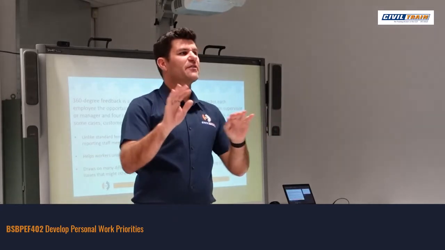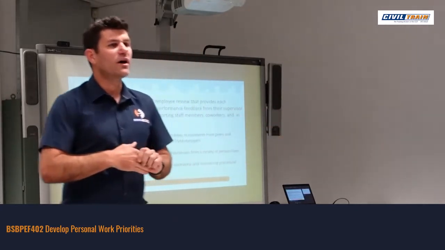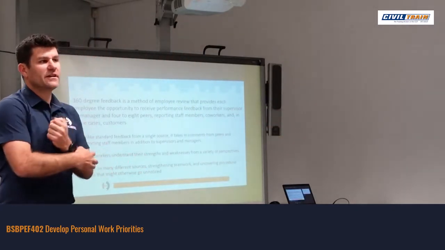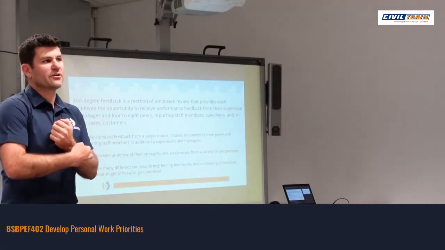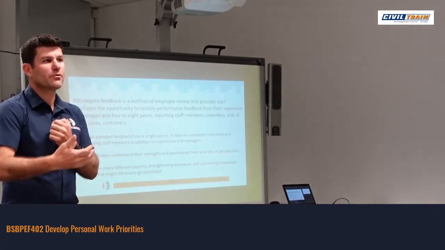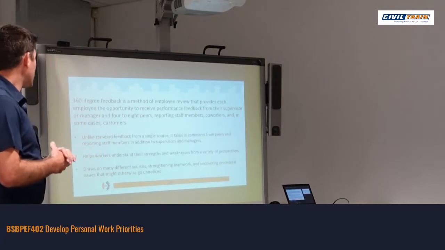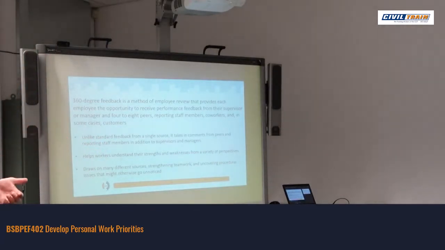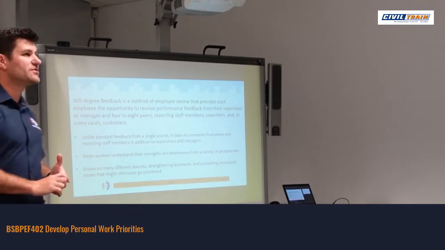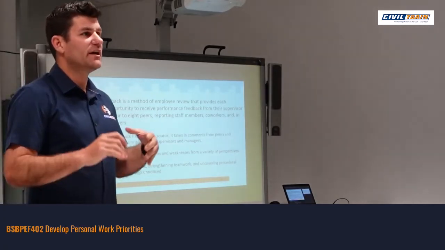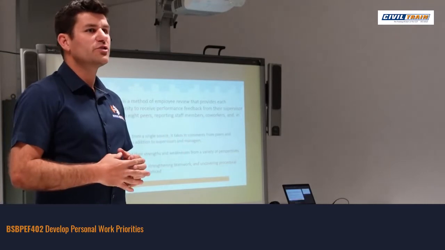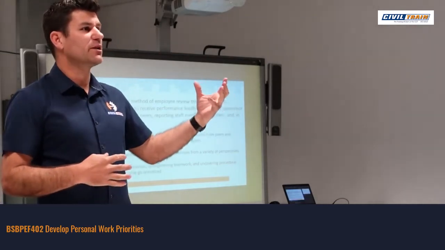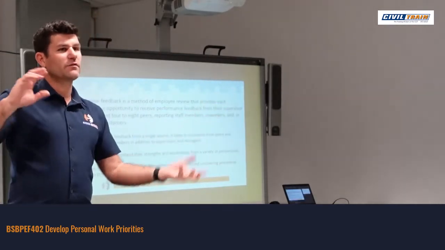So it's just trying to get that 360 all rounded and trying to identify not only necessarily the areas for improvement, but you might also find areas that haven't been identified before. You might uncover procedural issues that haven't been identified, but you also might identify key strengths that haven't been looked at.